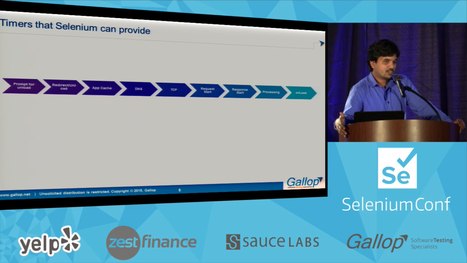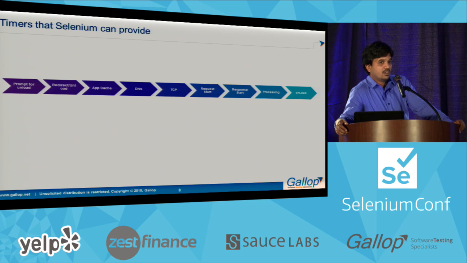If there are any redirects, it's going to take care of the redirect, and if it can be served from the cache, it picks up from the cache, does the DNS lookups for the remaining components, and waits for a TCP connection to be available. If it is SSL, it needs to wait for an SSL handshake as well. And then the browser starts your request and waits for the response. That is the time to first byte.